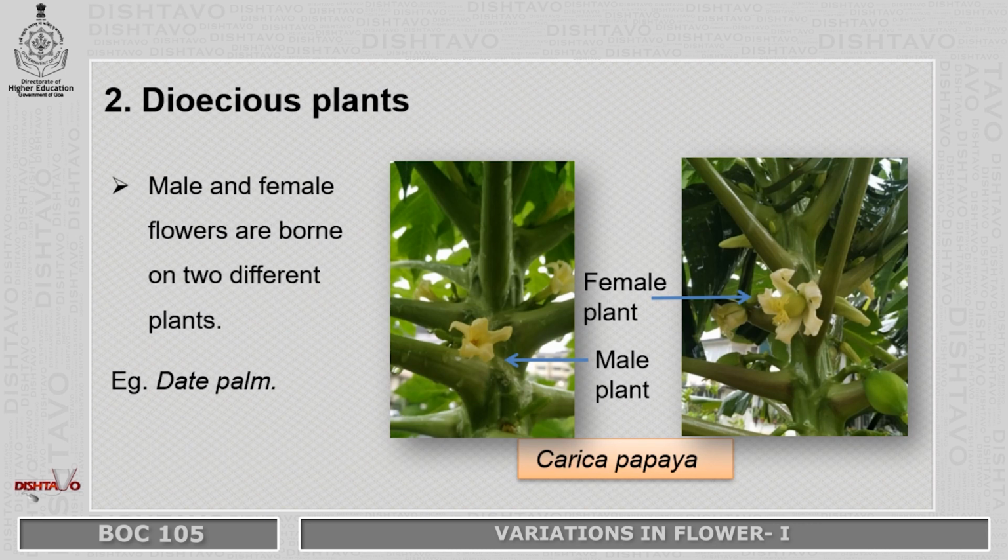In dioecious plant, the male and the female flowers are borne on two different plants. The example of dioecious plants is Carica papaya. In one image, you can see only the male flowers, whereas in the other, you can see only the female flowers. Another example of dioecious plant is date palm.